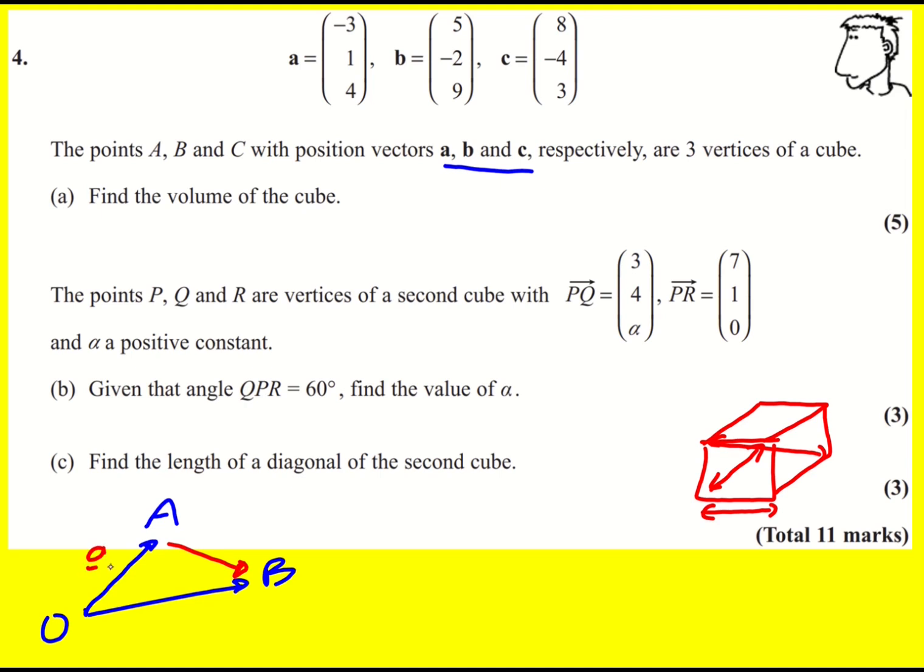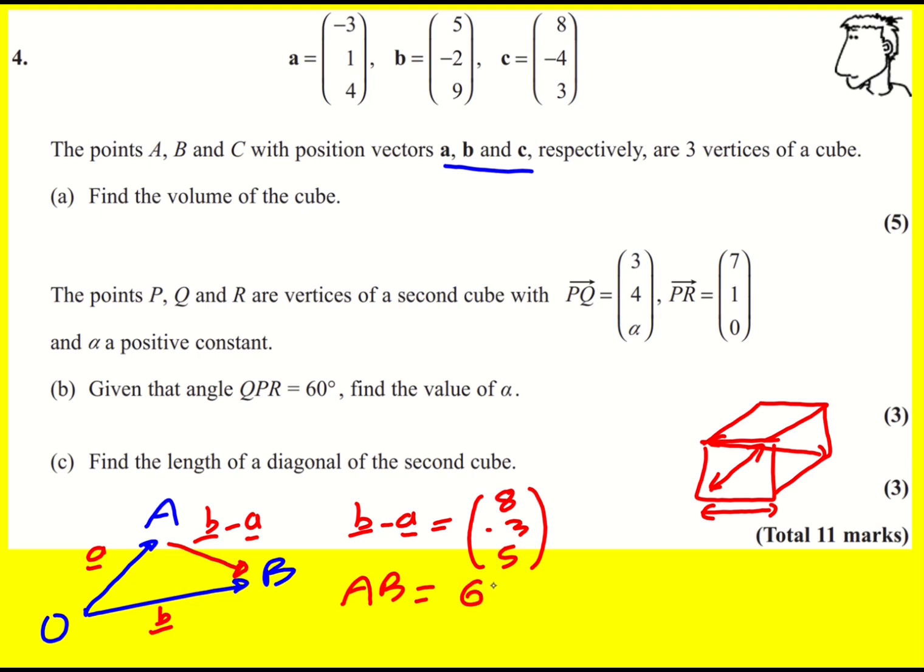So this is A and this is B, which means that AB is going to be B minus A. It doesn't really matter what way we subtract them, so I'll just go with that like I've started it. So B minus A is going to be 8, minus 3, 5. And what we can do now is work out the length using some Pythagoras.